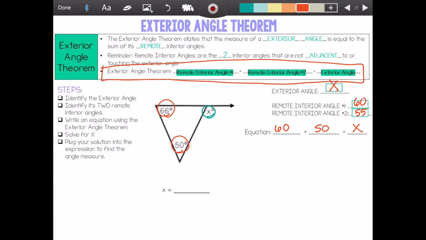Now, this is an equation, so I'm going to solve for x just like I would anything else. Here I have x on this side, and all I need to do is add 60 and 50, and I get 110 degrees. So the exterior angle, angle x, is 110 degrees.